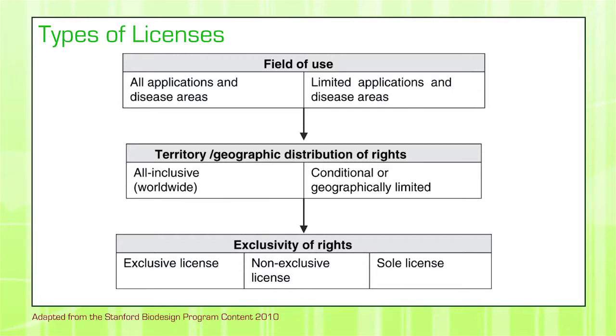Licensing agreements can be either exclusive or non-exclusive, or it could be a sole license. An exclusive license for a whole patent or patent portfolio is of course more costly but more valuable than a non-exclusive or a sole license.